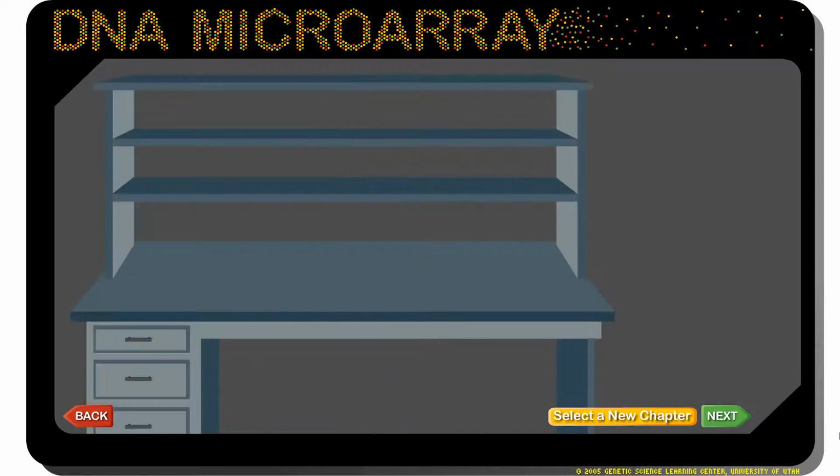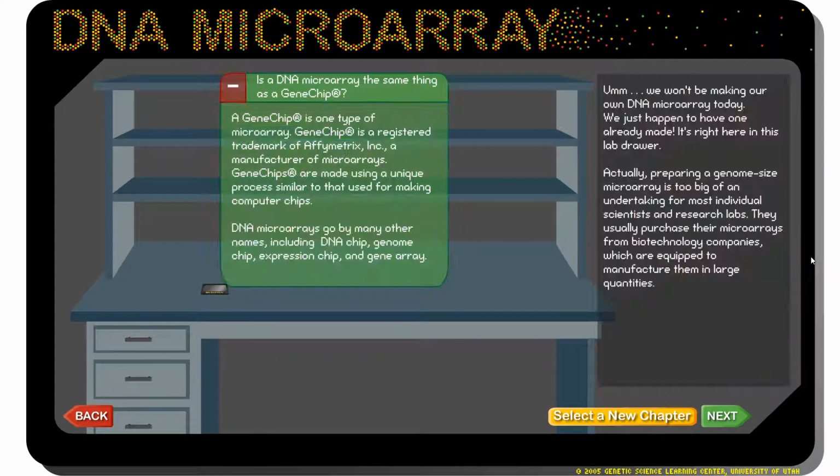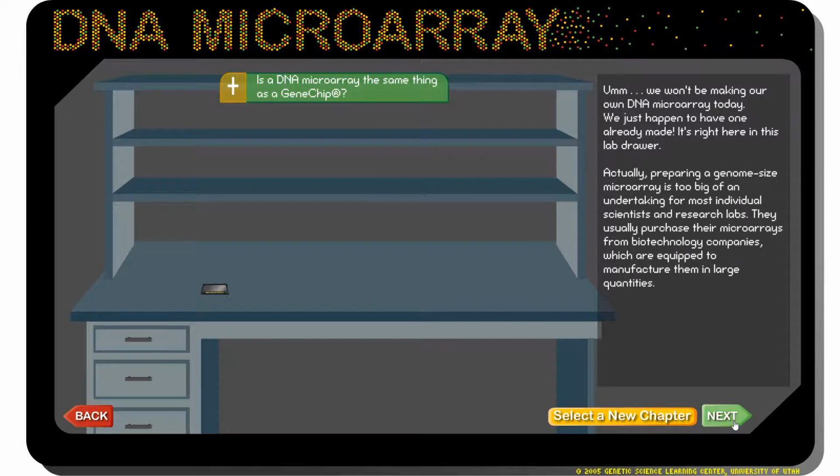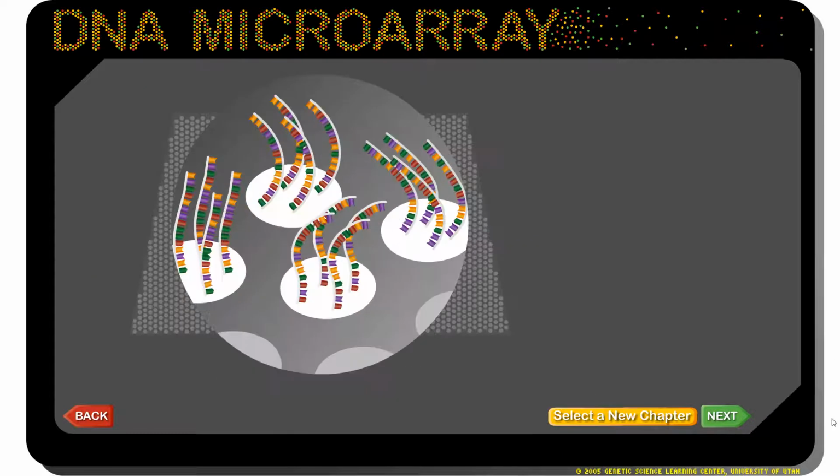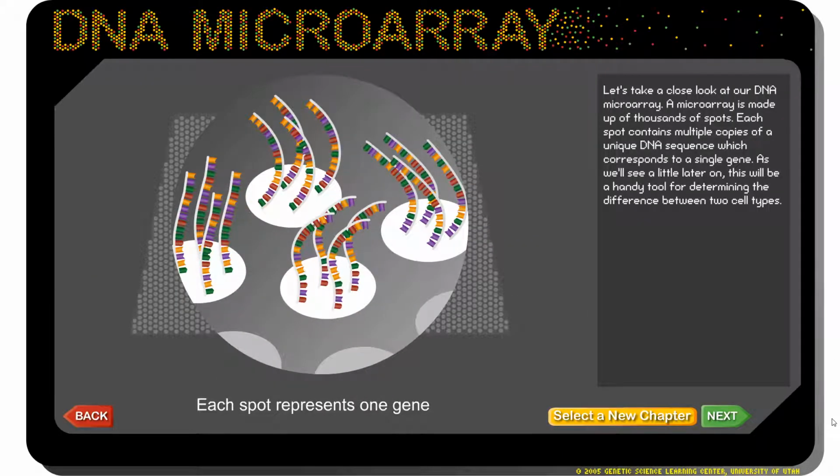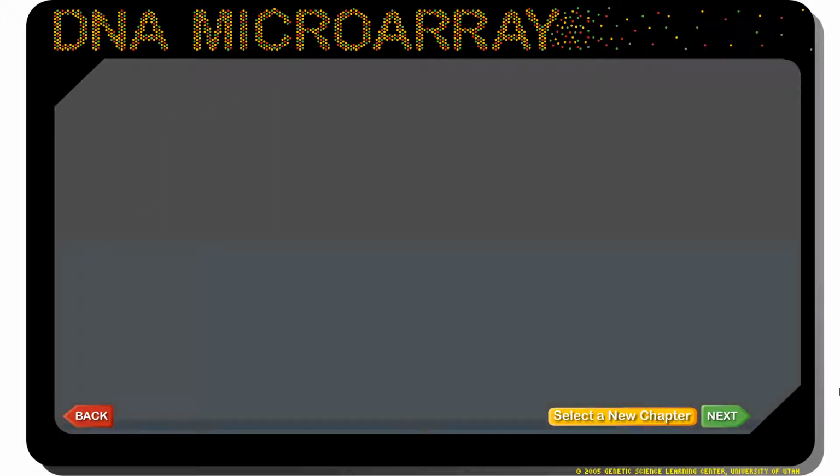In this virtual lab, we already have a human microarray available, so we're lucky. Now, that's a spot in a microarray with your planted single-stranded DNA for every gene you identified in the entire genome. In this experiment, we will compare a cancer cell with a normal cell.